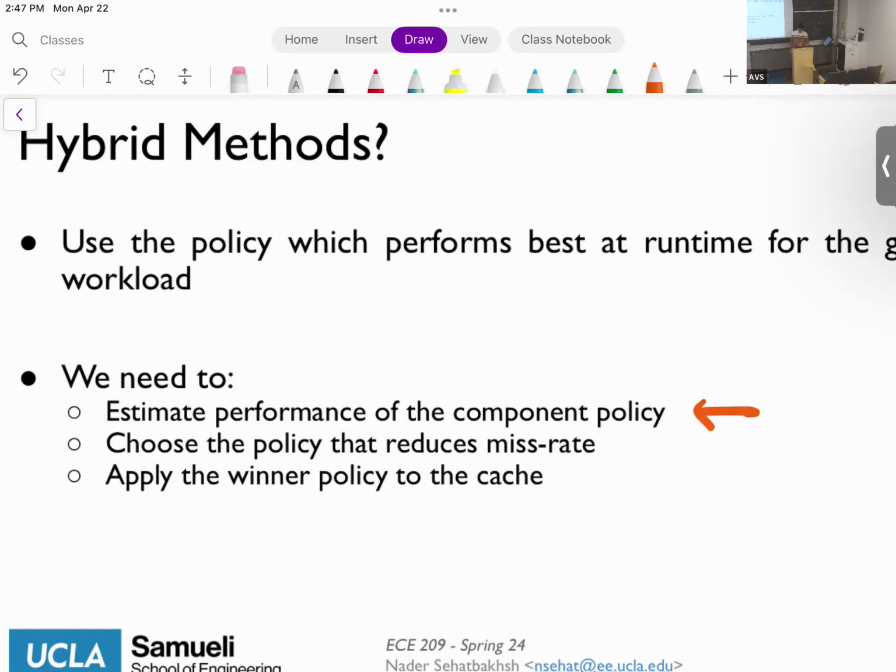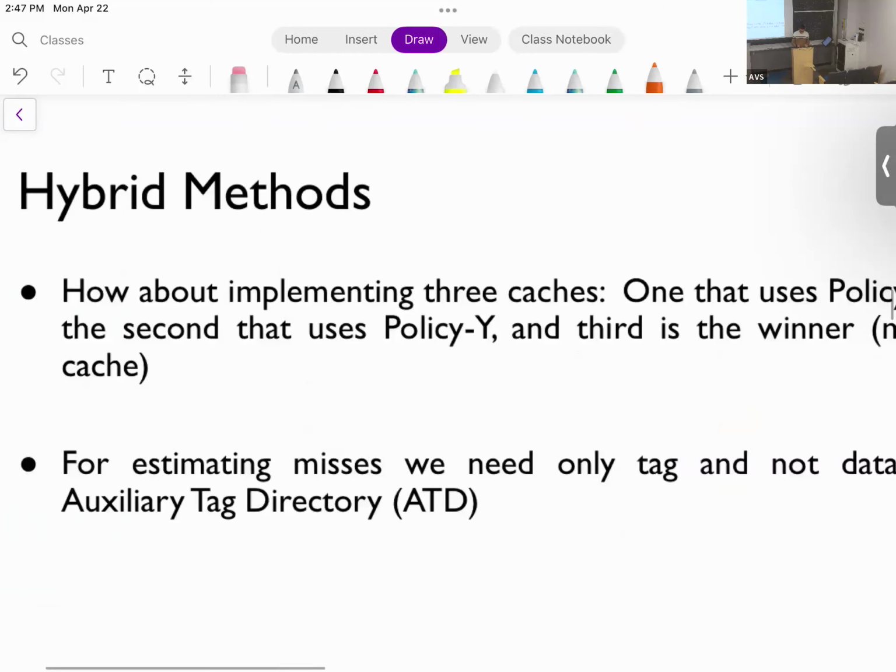The second thing is that now we need to choose the policy and apply it to the rest of the cache, right? If it's a smaller set that we are monitoring from one group and another group, then I need to apply this dynamically to the rest. Basically, the winner should be used for the rest of the cache, which should be the majority of the cache, essentially, okay?